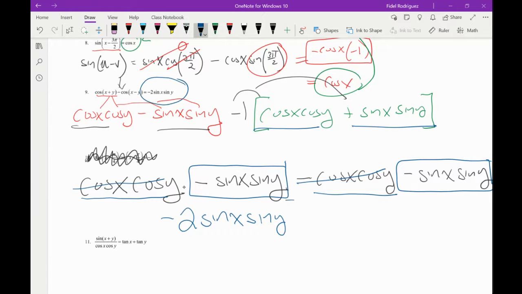And look what we had on that side. How did we cancel the cosines?